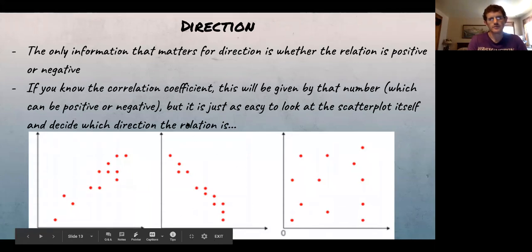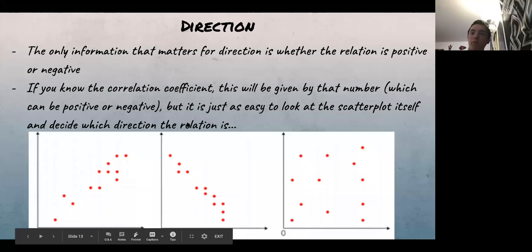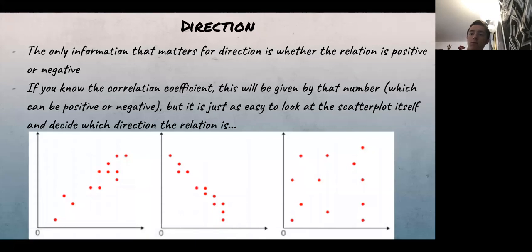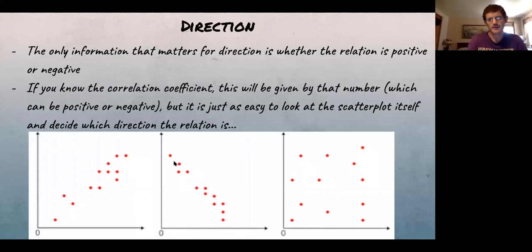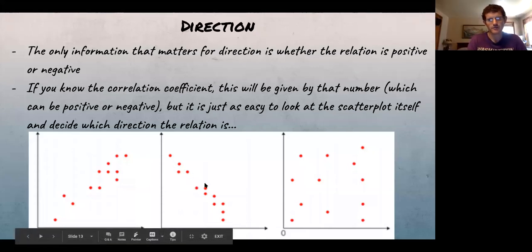What direction would you say that that has? Negative. Negative. So a few people were saying that. Very good. And you just think of your lines from Algebra 1 and before. That's a negative slope. It's a negative correlation. And kind of the takeaway from this is that as one variable gets bigger, another one gets smaller. So as this x variable gets bigger, your y variable is getting smaller.